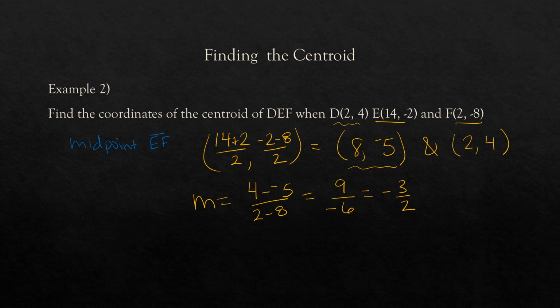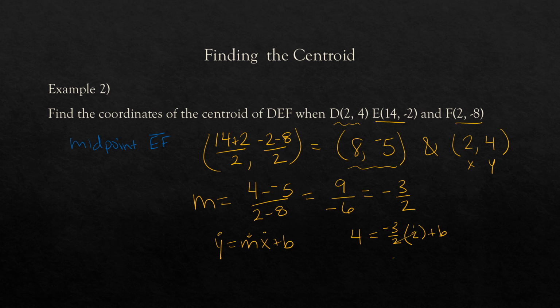And then I will do y equals mx plus b. I have my slope. I can choose an x and a y based on either of these points. I'm going to choose this one. It just seems a little simpler. (2, 4) for my x, y. So I put in 4 for y is equal to my slope, negative 3/2 times 2 plus b. 2 divided by 2 is 1.